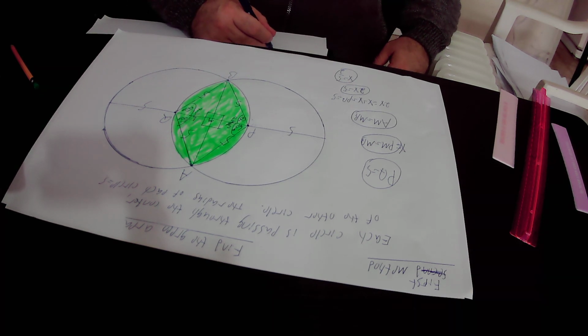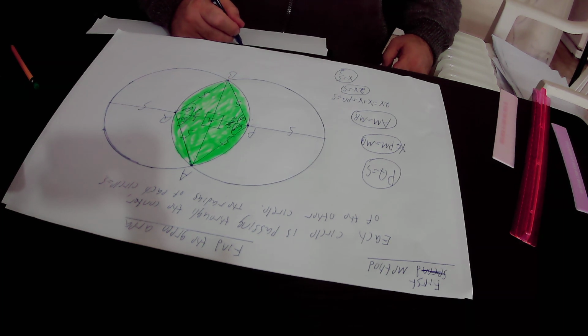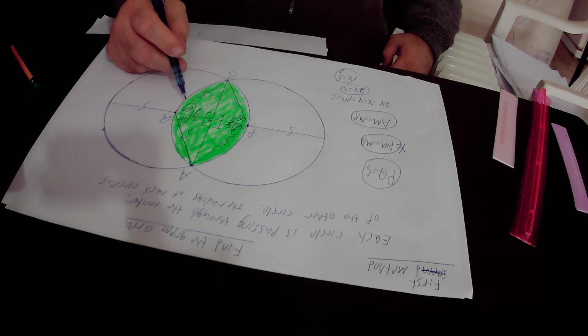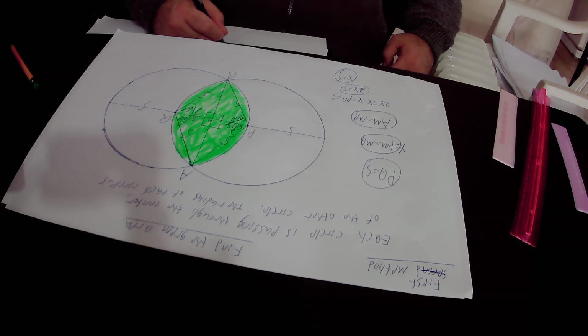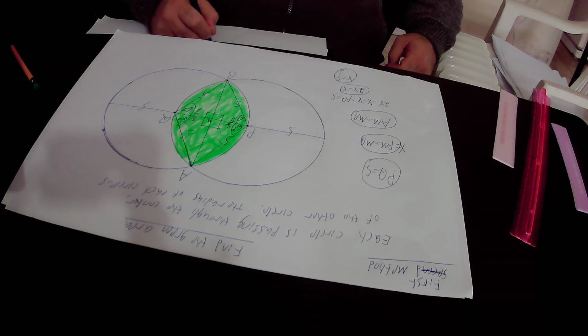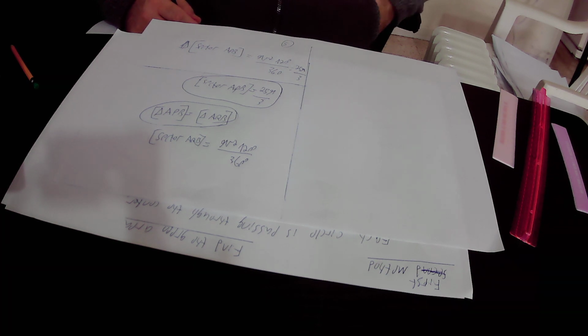It equals pi r squared times 120 degrees over 360 degrees.